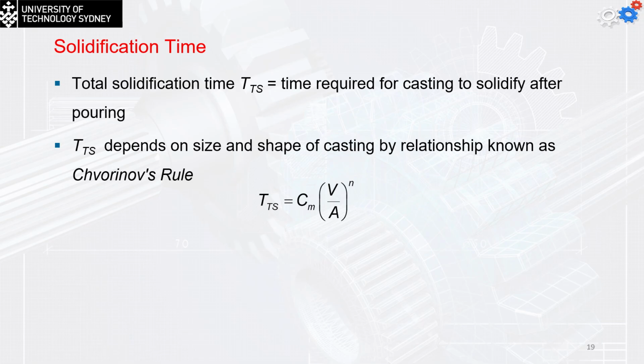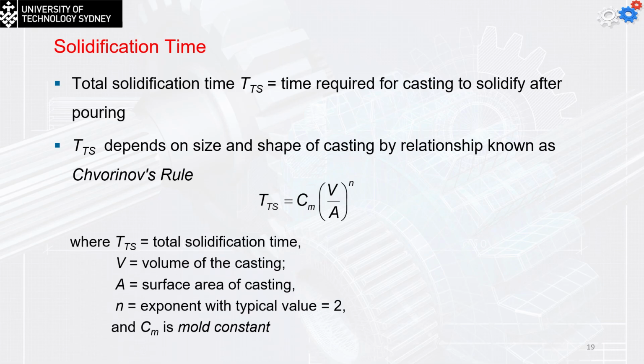So Chvorinov's equation tells us that the time for the solidification is equal to Cm multiplied by V divided by A, to the power n. So let's see what these terms are. First, V is the volume, A is the surface area. Cm is the mold constant, and n is the exponent, with a typical value equal to 2.